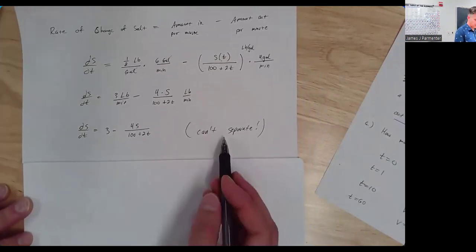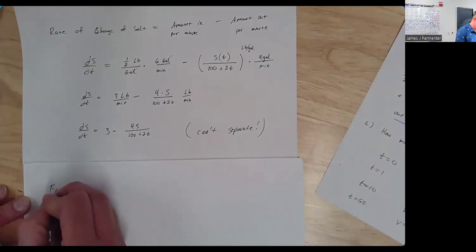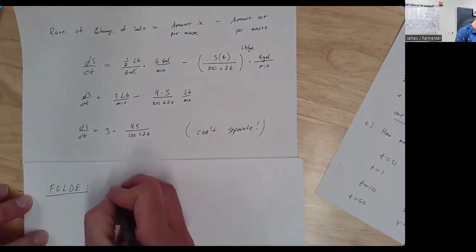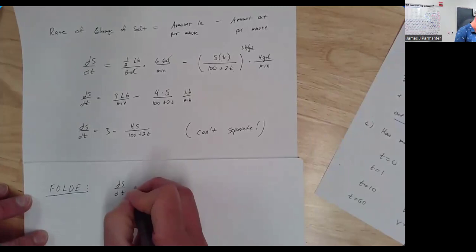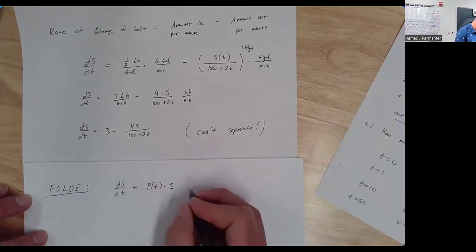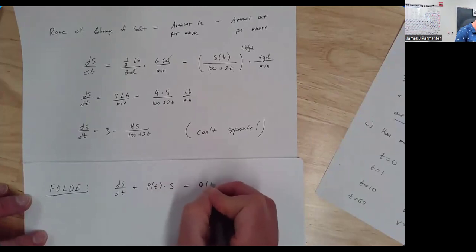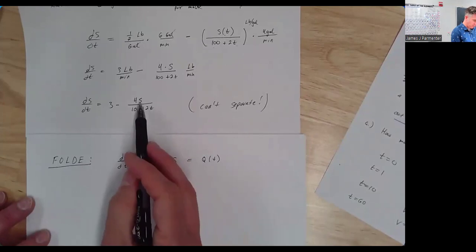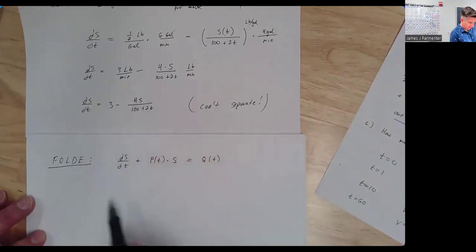To do it as a first order linear differential equation, we have to write it in the standard way, meaning it's got to look like ds/dt, or if you prefer s prime, plus some function of t times s equal to some other function of t. So I have to bring this 4s over 100 plus 2t over to the left-hand side.